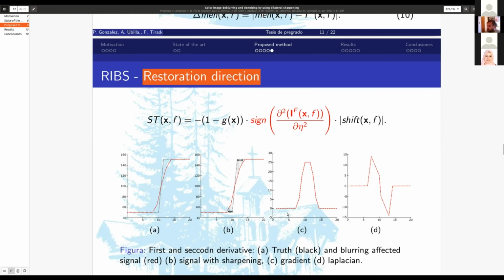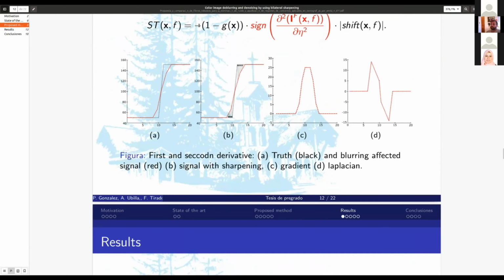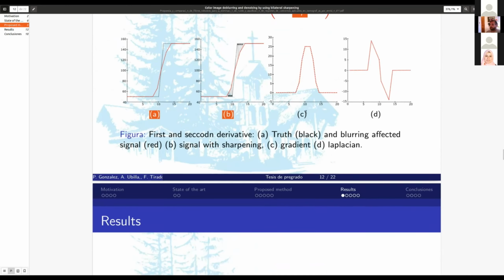For this, we can consider the value of the gradient, and this contribution depends on the gradient value, and we consider the Laplacian because the reconstruction process depends on minus the value of the Laplacian. We can take an increment in negative values and a decrement in positive values. Okay. For this reason, we consider the minus sharpening term.